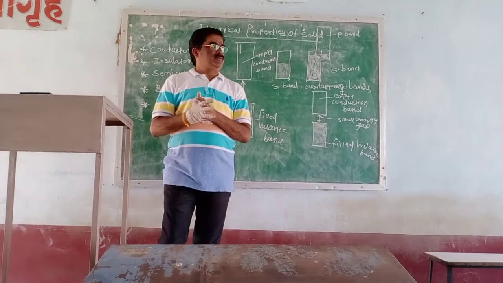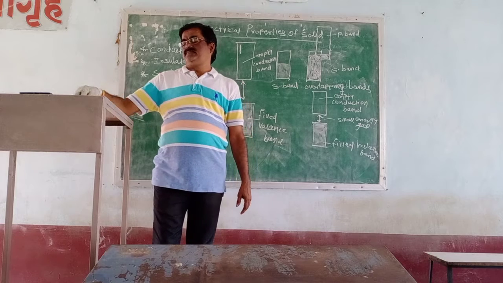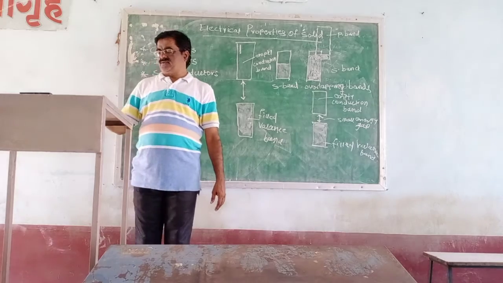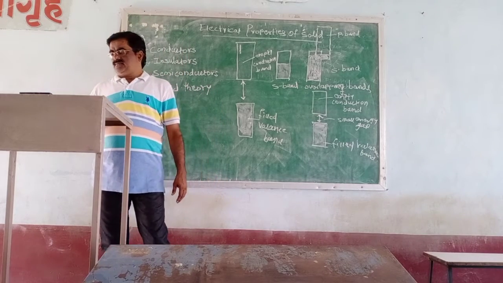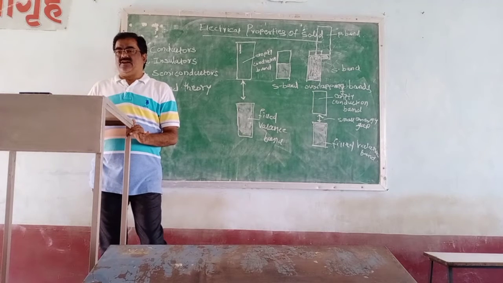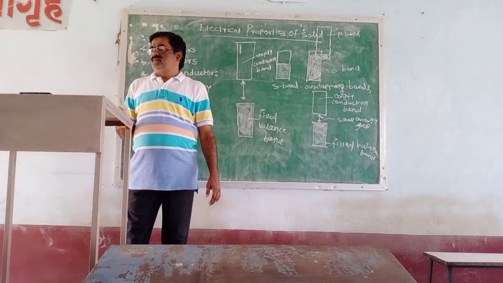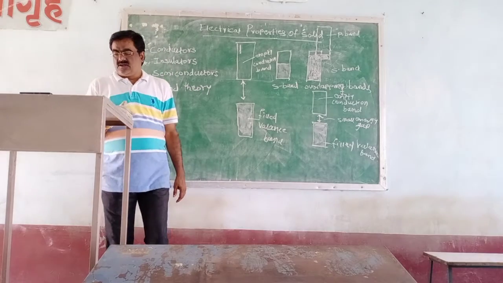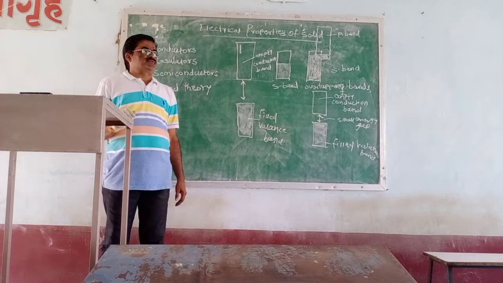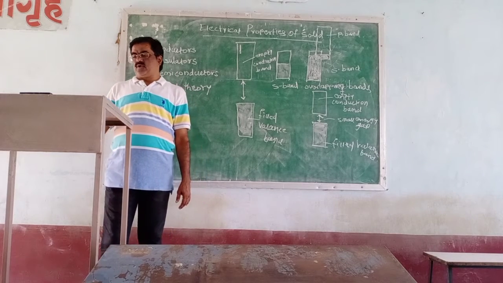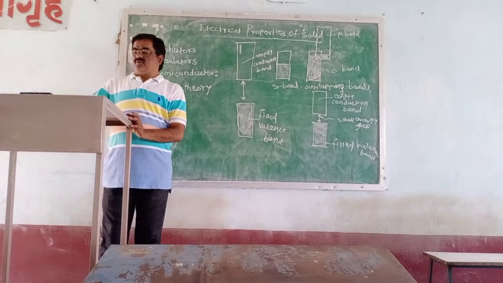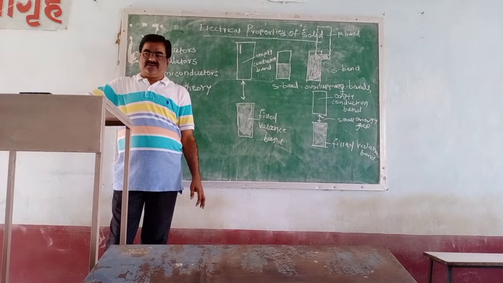In the last period, we have seen about the impurity defect. In that, we have discussed the various point defects. There are three types of point defect: stoichiometric point defect, non-stoichiometric point defect, and impurity defect.